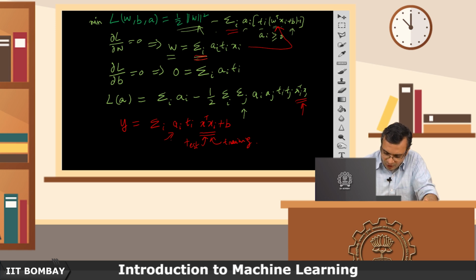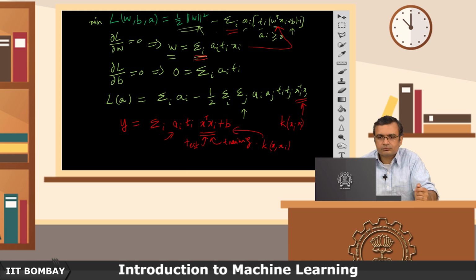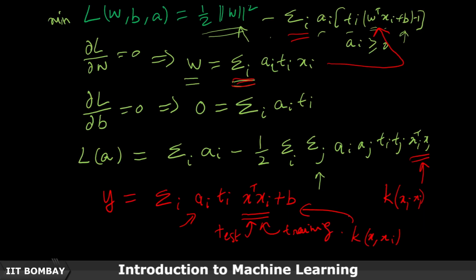But here, because we have this transpose, or the dot product, we can replace this by the kernel function of xi and xj, and here we can replace it by the kernel function of x and xi. So that is precisely the dual form that we were hoping for.